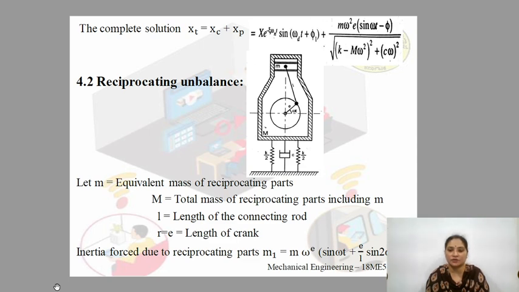So x of t equals capital X e to the power of minus zeta omega n t sine of (omega d t plus phi 1), plus the particular integral, which is m e omega square sine (omega t minus phi) divided by square root of (k minus M omega square) whole square plus (c omega) whole square.